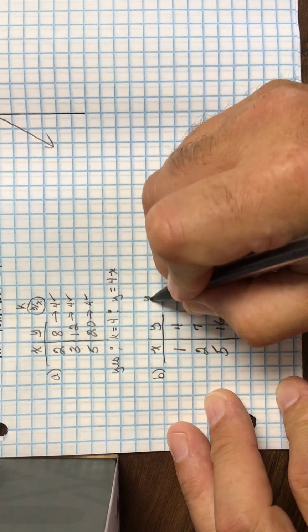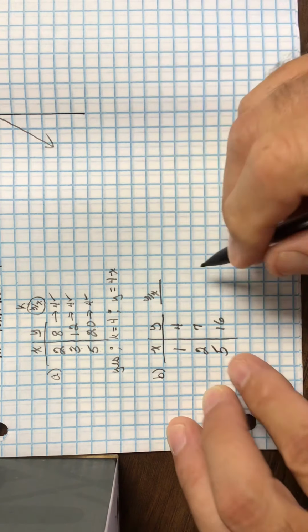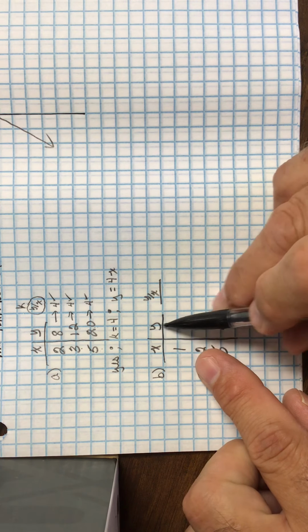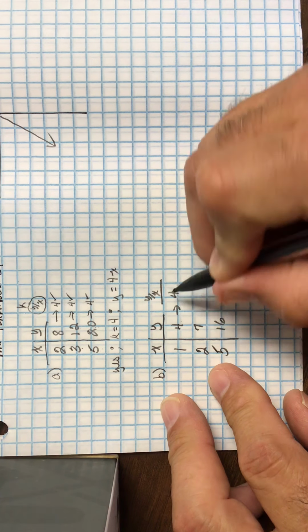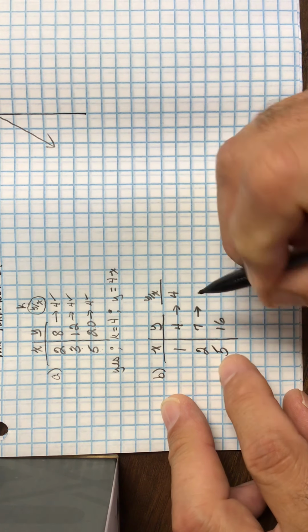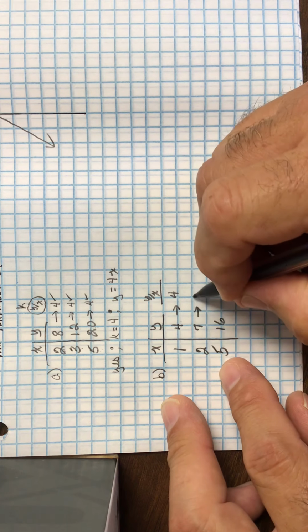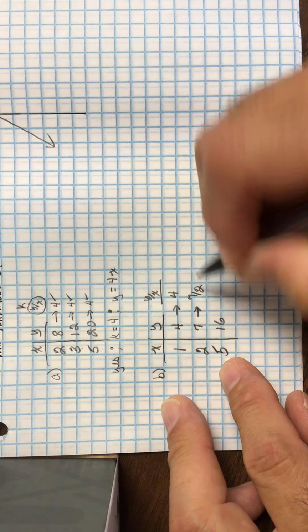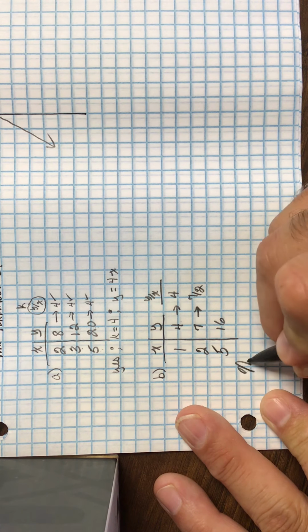So I'm going to do y over x. Remember, this is k. I'm not going to write the k up there this time. 4 over 1, y is 4, x is 1. 4 over 1 is 4. 7 over 2, well, that's 3.5, or just 7 over 2. That's not 4. And that's enough to tell me that the answer is no.